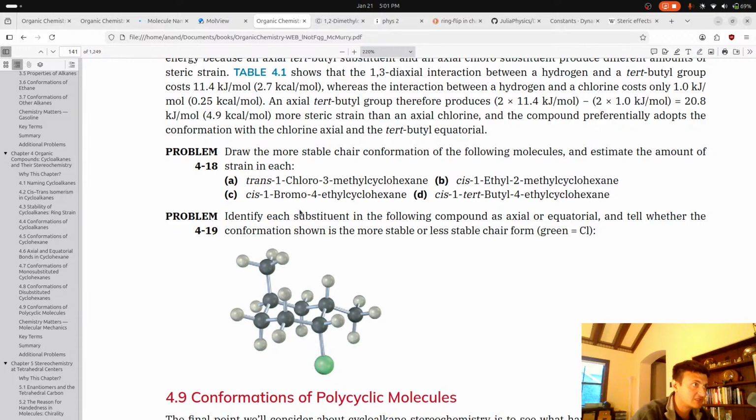The more stable is going to be chloro axial and methyl equatorial.